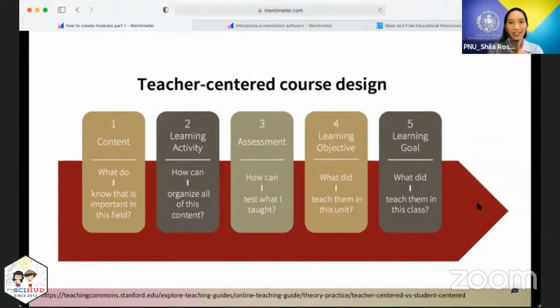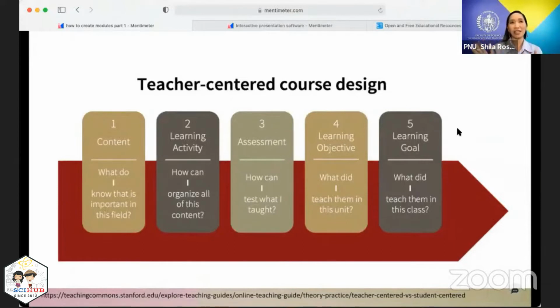So how can you say that this is teacher-centered? Do you notice the one that is highlighted is all I? This is pertaining to us teachers. And notice the flow. I myself am guilty of this at some point in my teaching career, that when I plan for my lessons, even before creating the modules, even before this pandemic or online classes, we are actually doing this.